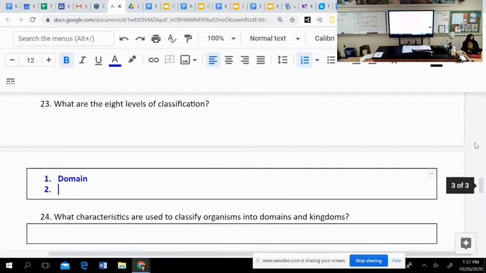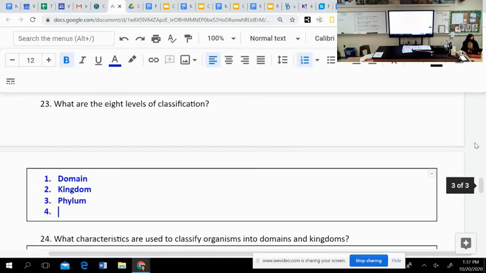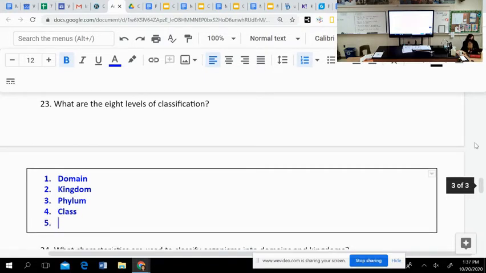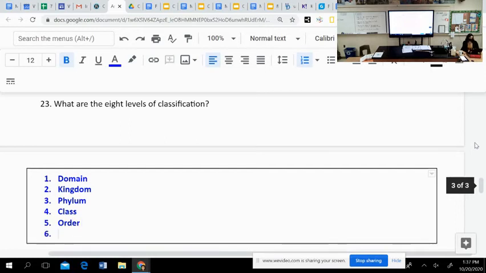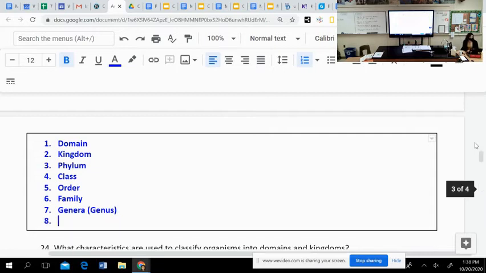Kingdom. Phylum. Class. Order. Family. Genus. Species. Yes!